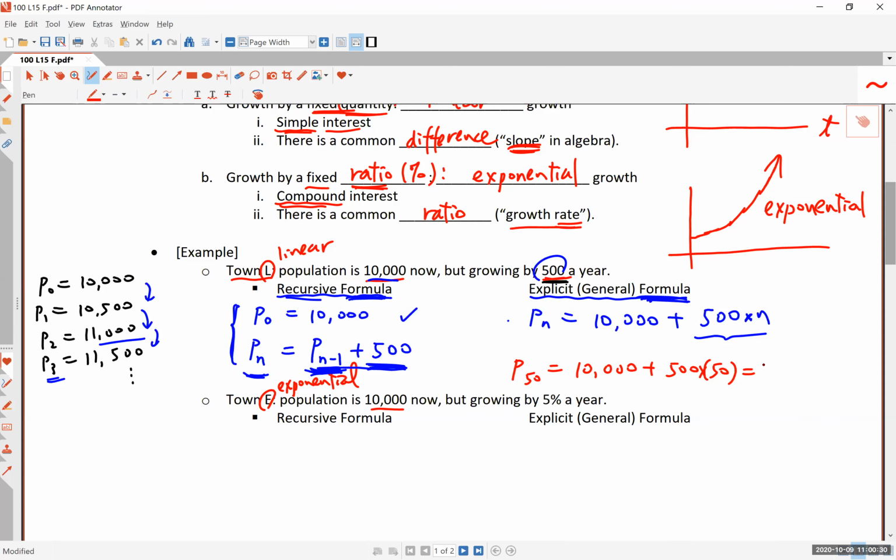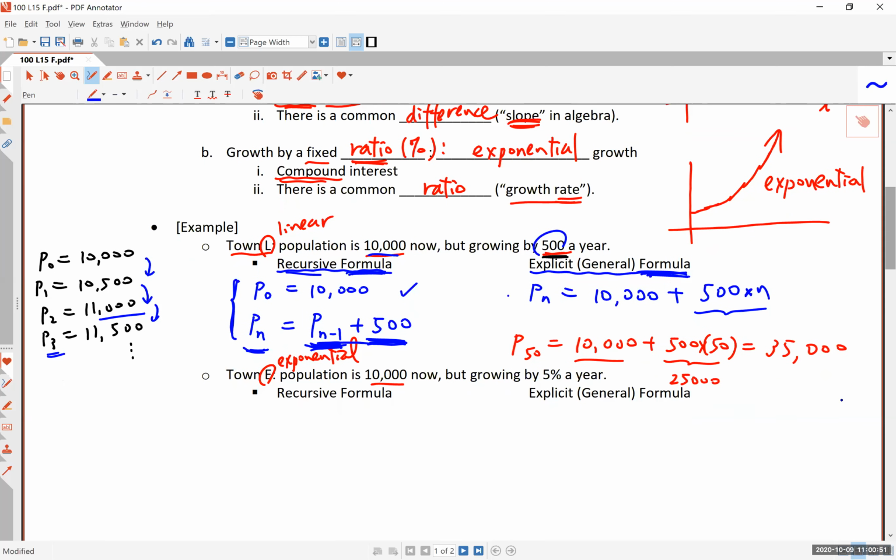Multiplying by 50, this part is 25,000. You add that to the original population of 10,000 and the answer will be 35,000. So you can say in 50 years, town L will have 35,000 people. Any problems? Great.